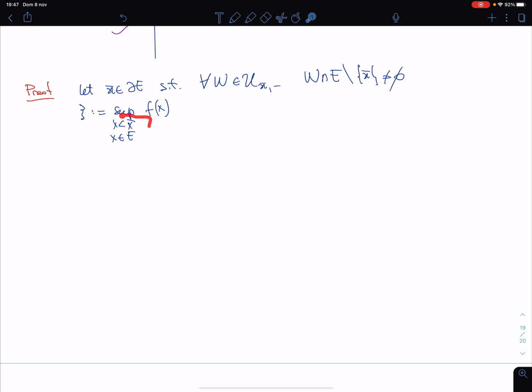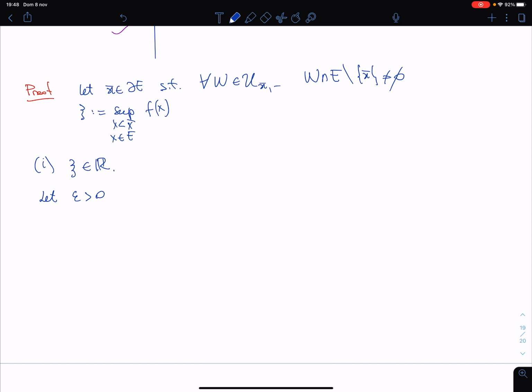So this set here is not empty, so the supremum is well defined. And again, we consider the case where psi is a real number, so it is not plus infinity. And let epsilon be an arbitrary number larger than 0.